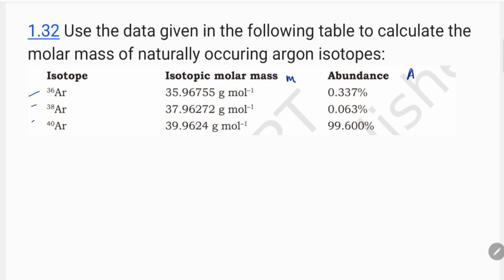So the average molar mass of all these isotopes will be the summation of all the molar masses multiplied by their percentage abundance. I is a factor that represents the isotopes, which can be 1 2 3 4 5, that is the number of isotopes. Okay, let's calculate.